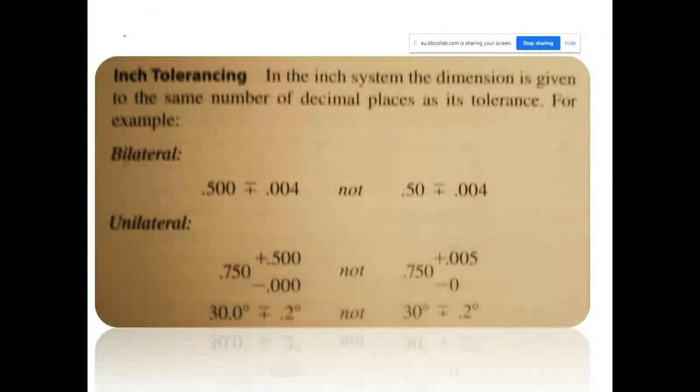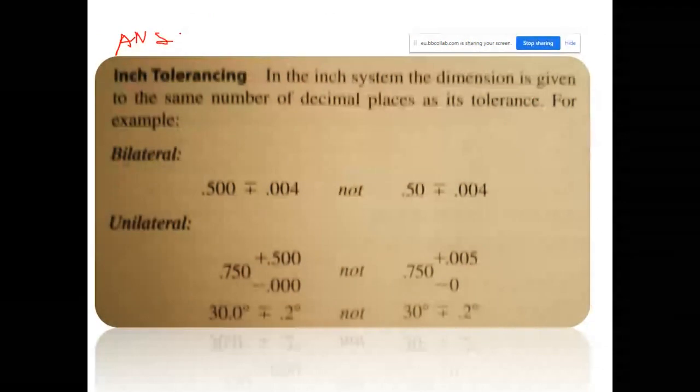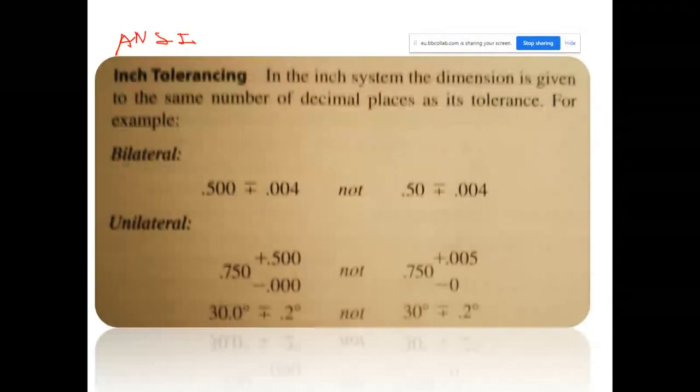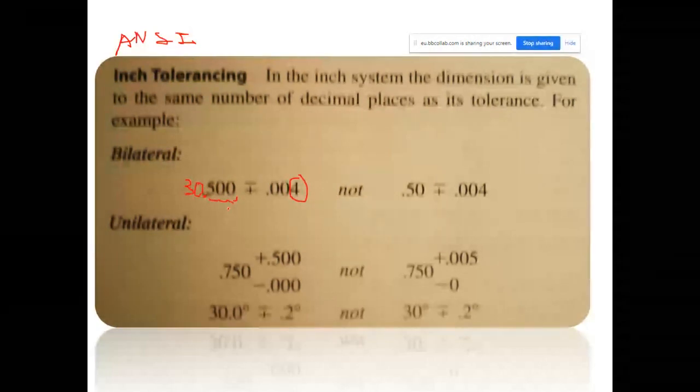Inch tolerance in the following slide means the ANSI rule. The American National Standards Institute says that it is opposite. If the deviation starts from thousandths, for instance, this is the deviation, then writing the nominal value, what is the nominal value? For instance, 30. Do not say 30, 30 dot, and then use 1, 2, 3 figures at the decimal part.